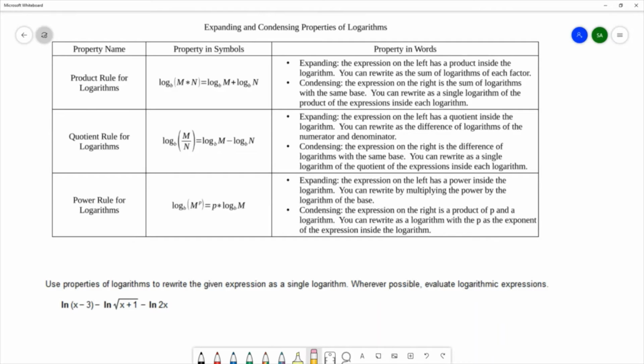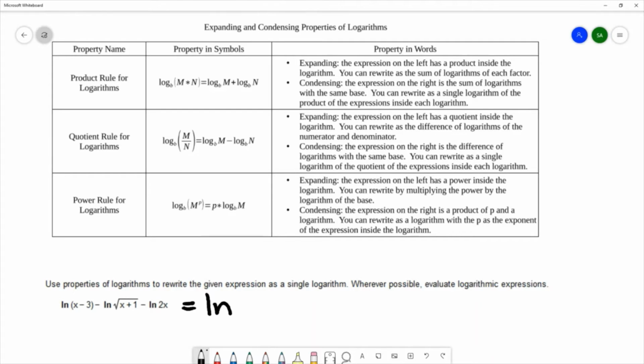And then the power rule is used whenever you have a coefficient that is attached to your log, and you're going to move that coefficient into the power. You can see that p is the coefficient on the right, but it is the power on the left. So these are the properties that we're going to use to simplify this and rewrite it as a single logarithm.